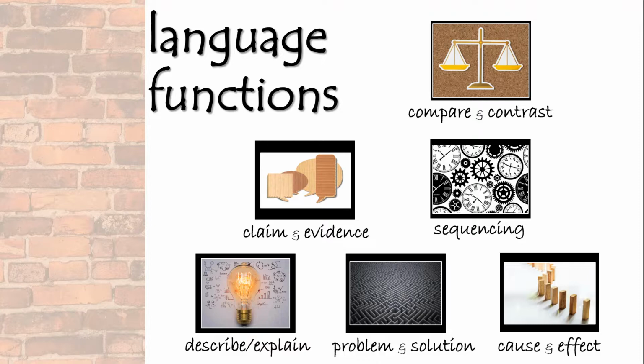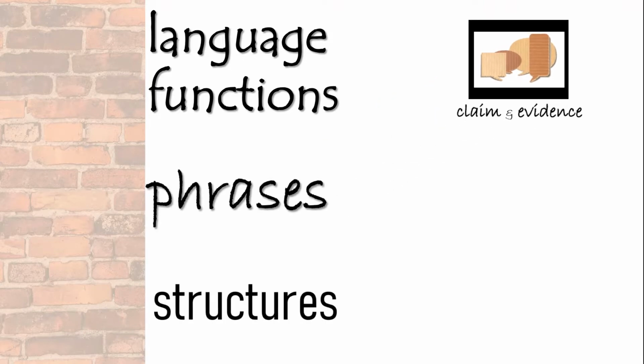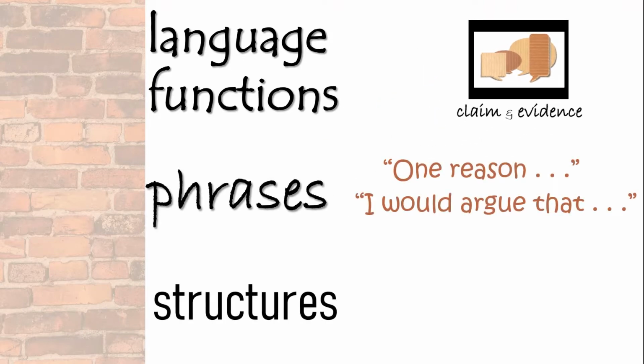Each of these language functions has both specific phrases and structures associated with them. For example, phrases such as "one reason" and "I would argue that" are associated with the language function of making a claim and providing evidence. They signal a shift of ideas or indicate important relationships. Students rely on them to make meaning from complex texts or presentations.